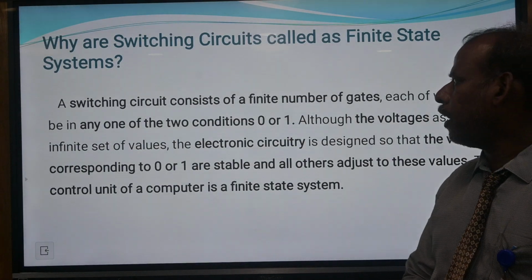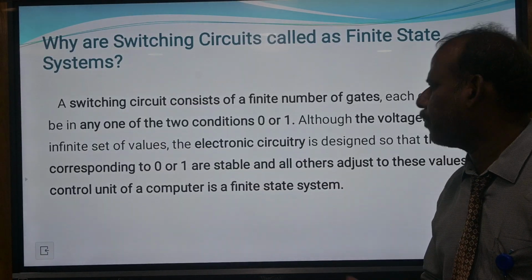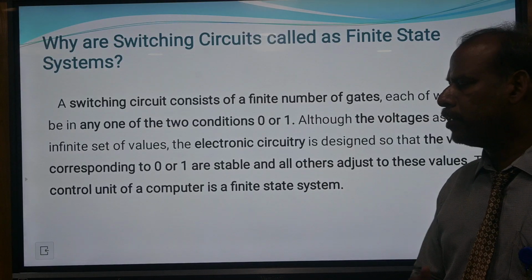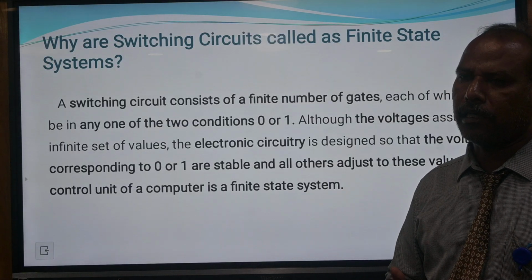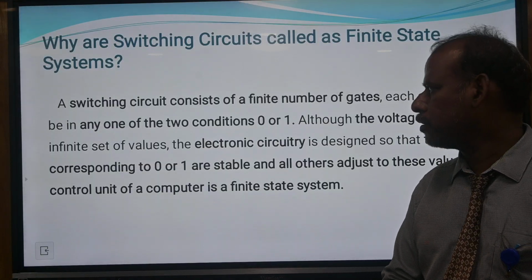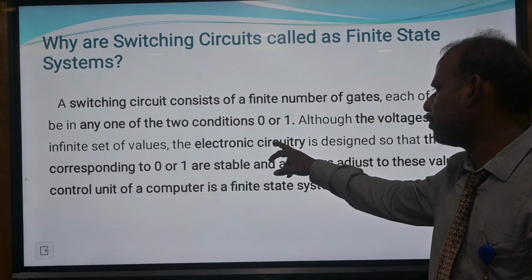So next, why do we switch over from circuits to formal languages, that is the finite state automaton? A switching circuit consists of a set of logical gates, that is zeros and ones, that is true or false. We have any of the two conditions, called 0 and 1, that is true or false.